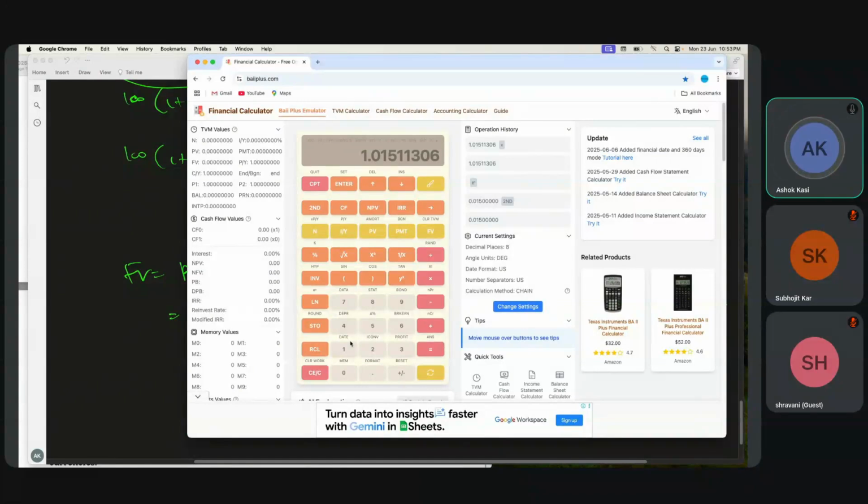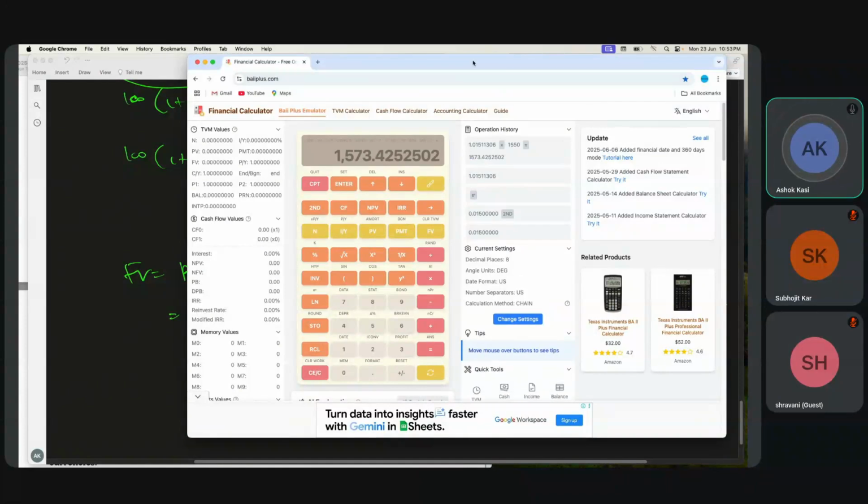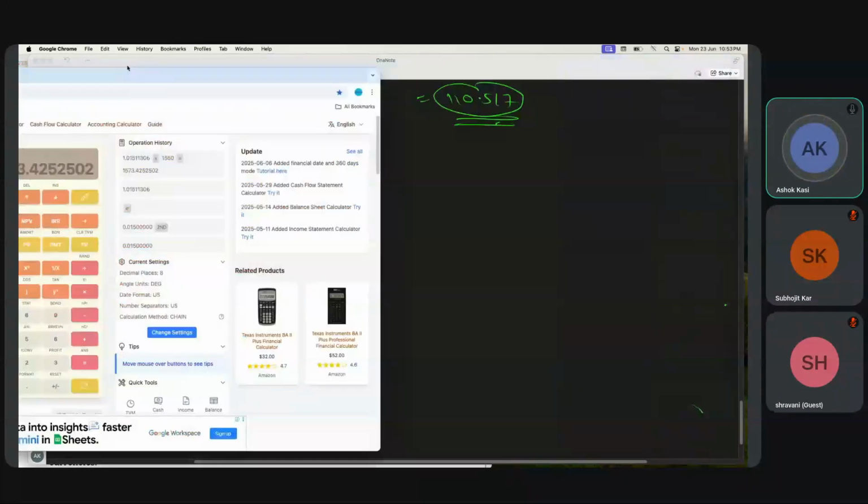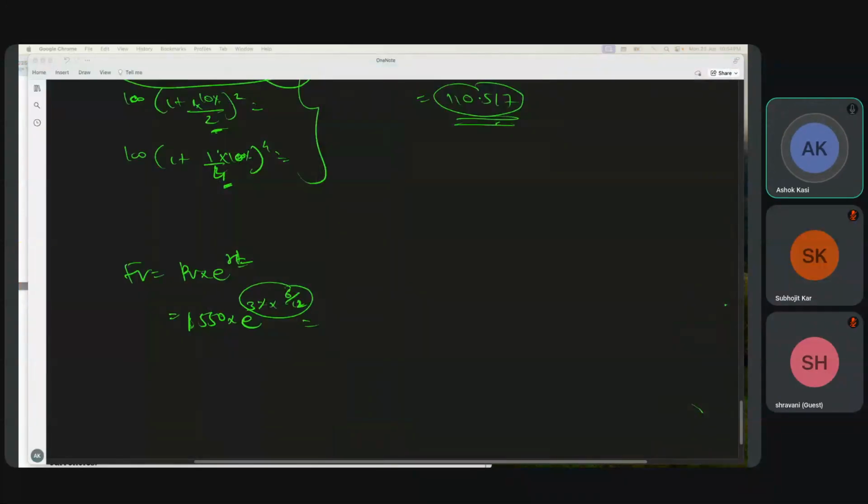So what will 1550 become? 1573.425. Okay, so 1573.425.